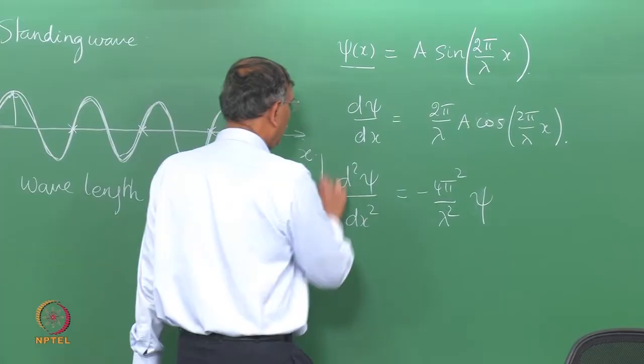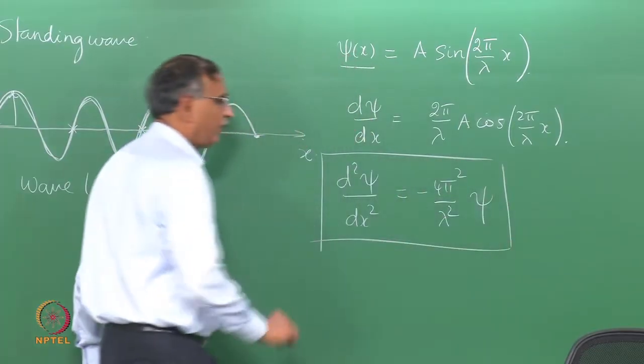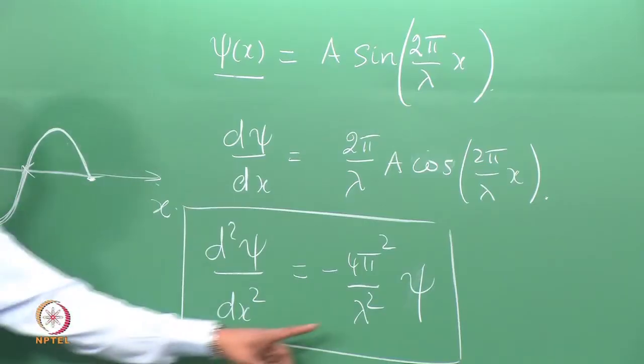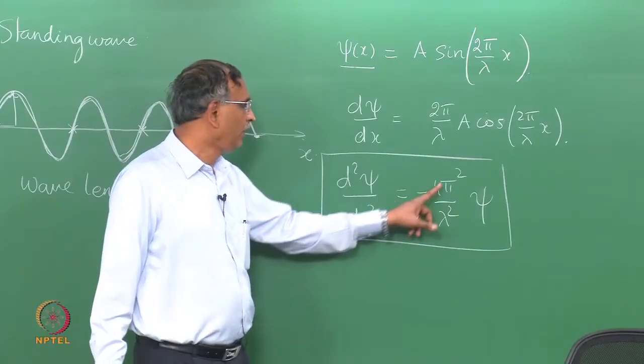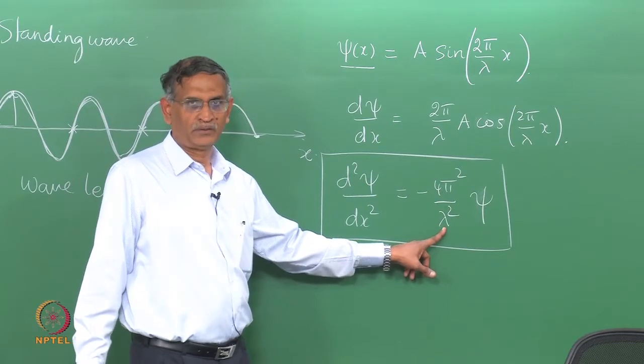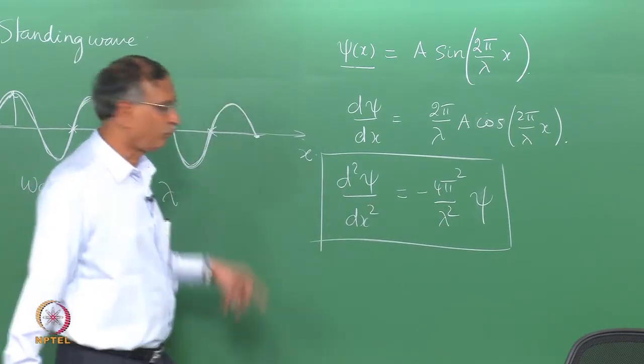Therefore, you see that the standing wave satisfies the differential equation d square psi by dx square, where psi is the amplitude of the wave with lambda, the wave length associated with that.